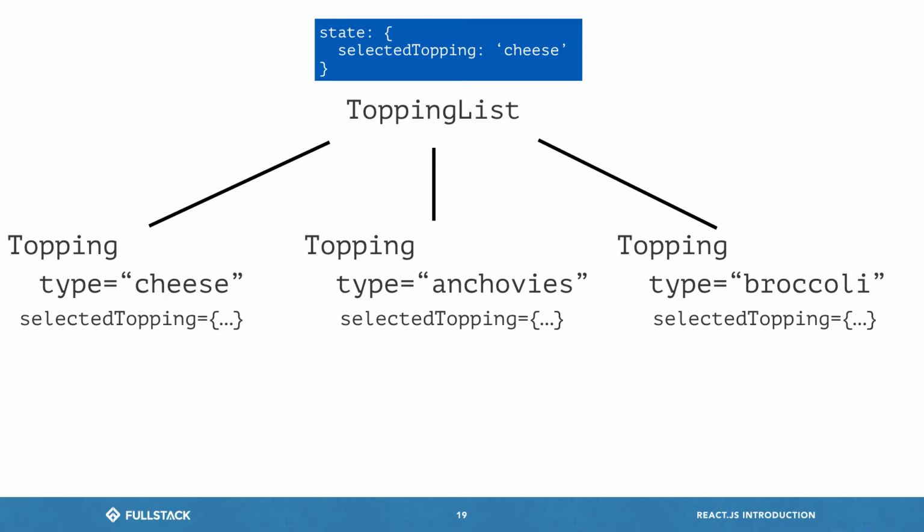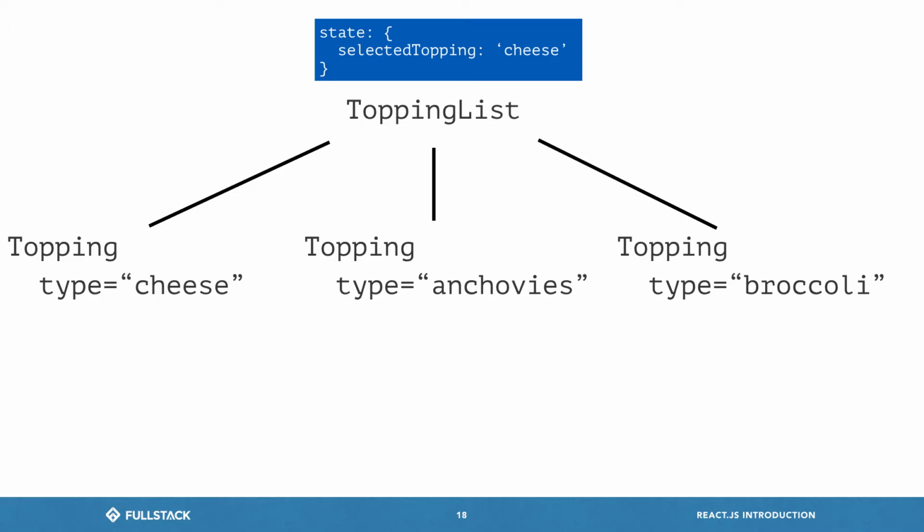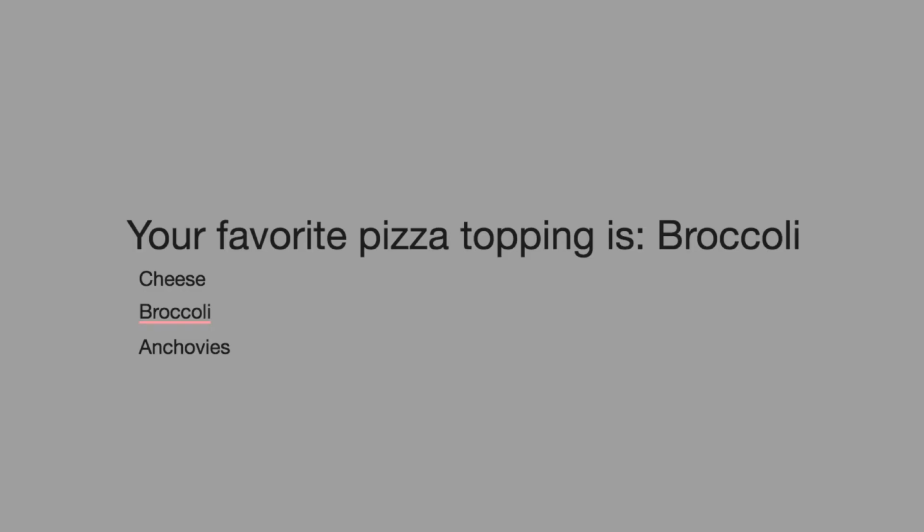We're taking the state that's in the highest level in topping list and passing it down as a prop so that each of these toppings do know who the current selected topping is, but they aren't keeping track of it. We're passing it down from parent to child. The reason we might want this is because our topping needs to know if it's selected so we can put this underline property on it, right? We might want to change the style in some way if it's the currently selected topping.